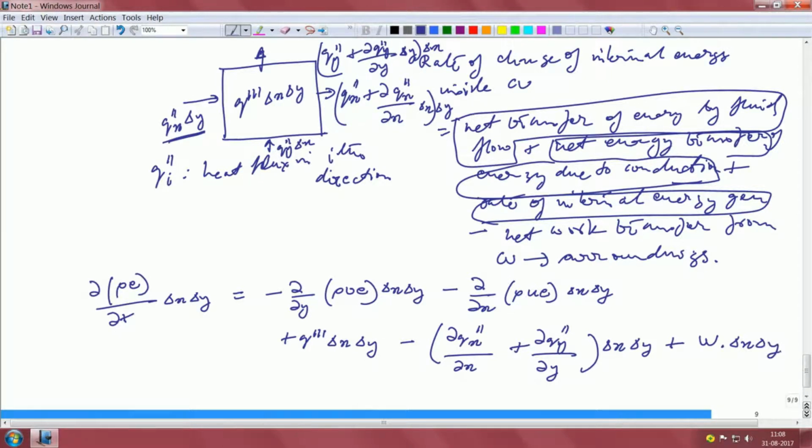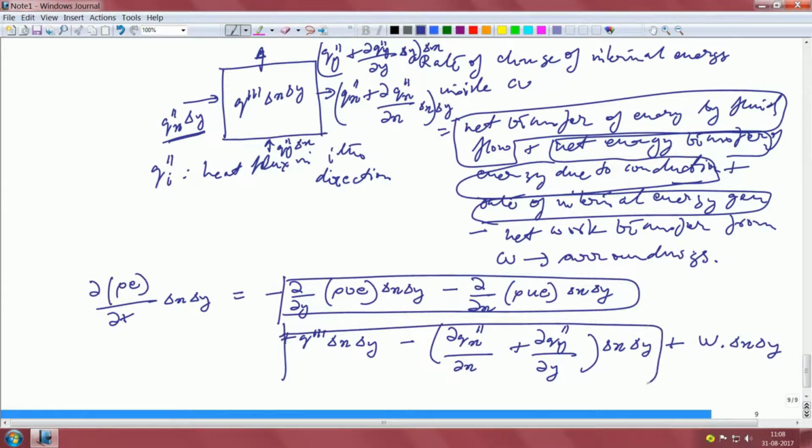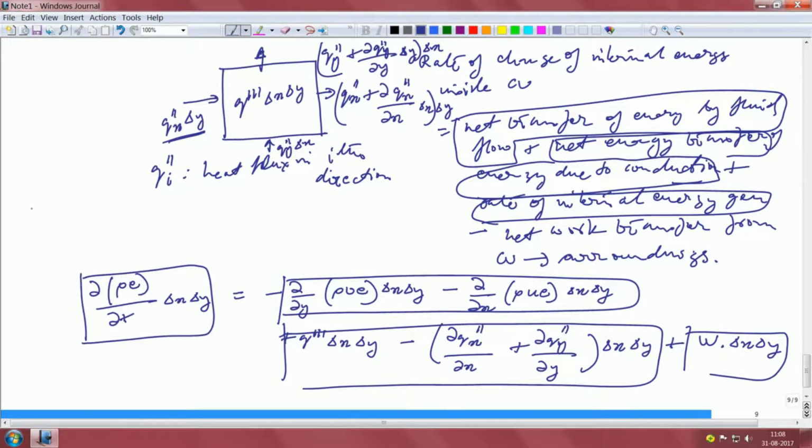The work term is whatever work is done to the surroundings, or the surroundings do work on the body. So this is the full expression. We have just assembled all the terms now. These came from the flow, this came from the conduction part, this is the work part, and this is the rate of change of internal energy within the control volume.